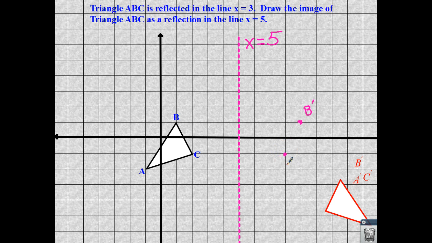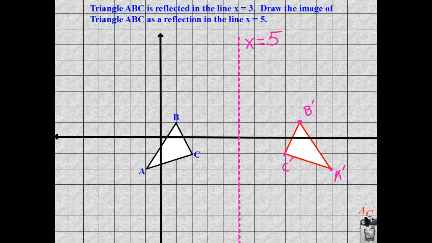We have C prime. And then the A is 1, 2, 3, 4, 5, 6, 1, 2, 3, 4, 5, 6, and that is A prime. And we take our figure, and there you have it. We can get rid of those now. So we are now reflected over the x equals 5.